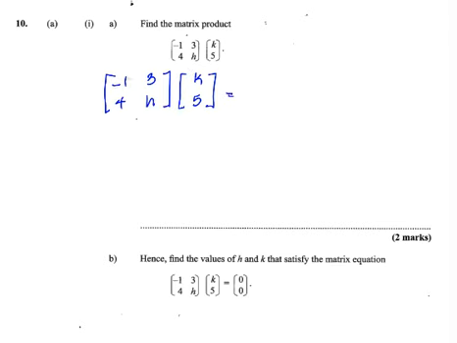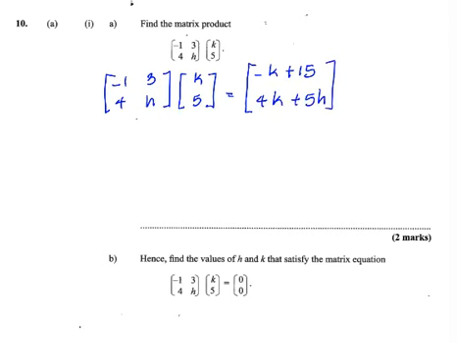So -1 times K is minus K, and 3 times 5 is plus 15. Now for the bottom, we have 4 times K, 4K, and 5H times 5 is 5H. So this is the matrix product.